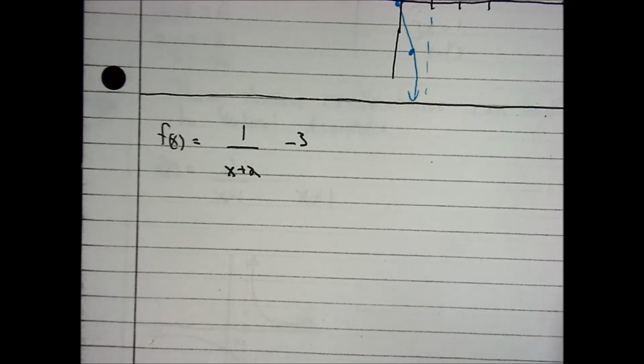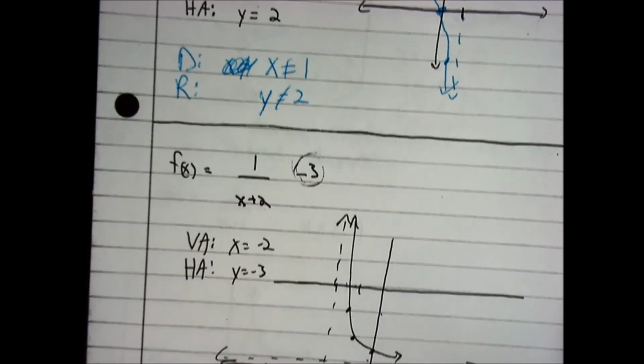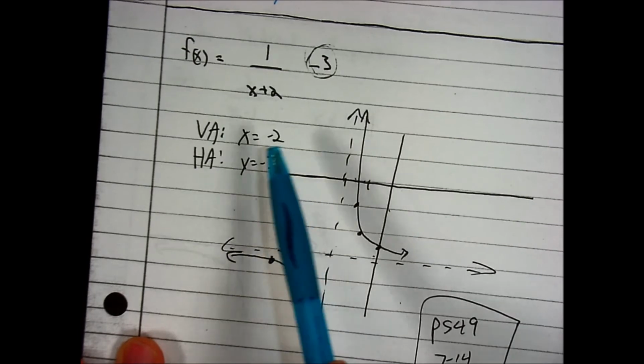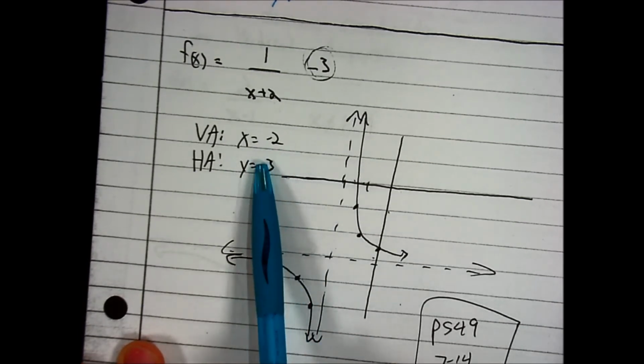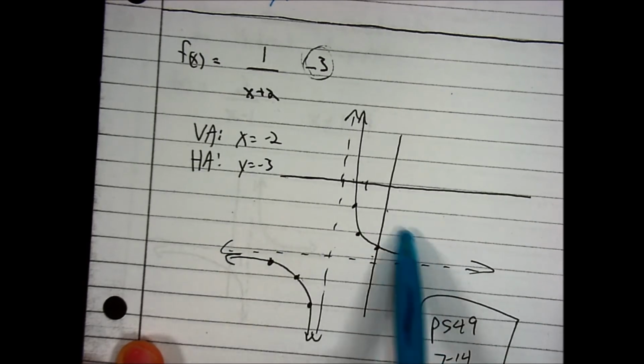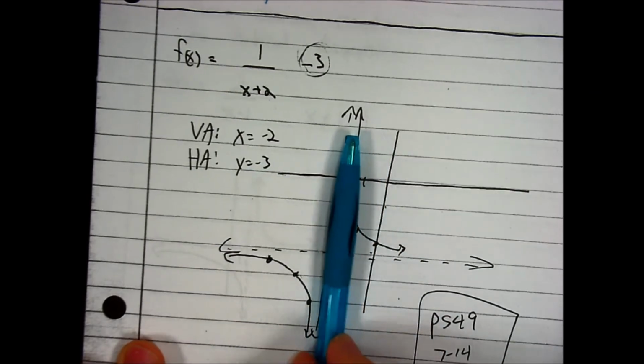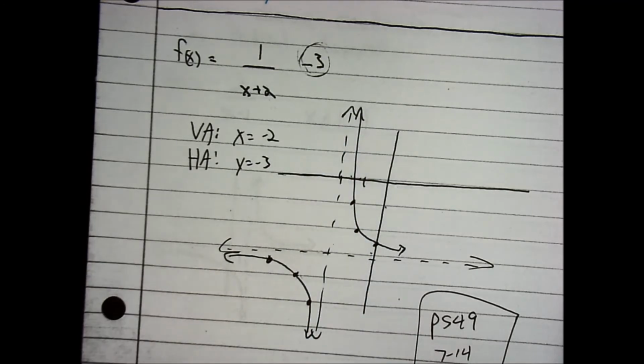Alright, let's see how we did. We should have a vertical asymptote at negative 2, horizontal at negative 3. Then we're going to do trace. We're going to put in some points just to the right of negative 2.